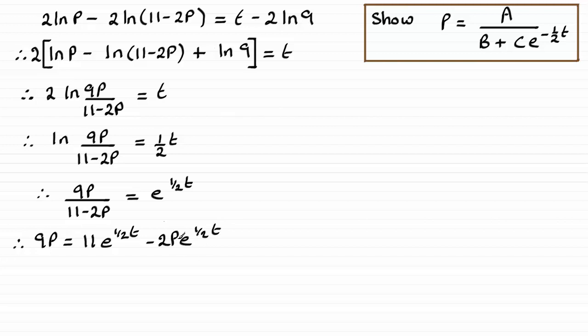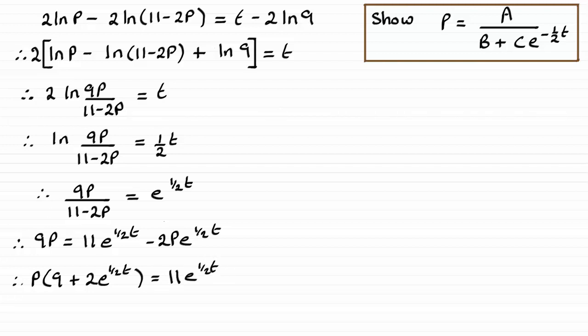And if I add this term to both sides, okay, add 2p e to the half t to both sides, and pull out p as a common factor, what I'm going to get is p times the 9 here, and then plus the 2 times e to the half t. And that's going to be equal to the 11 e to the half t.